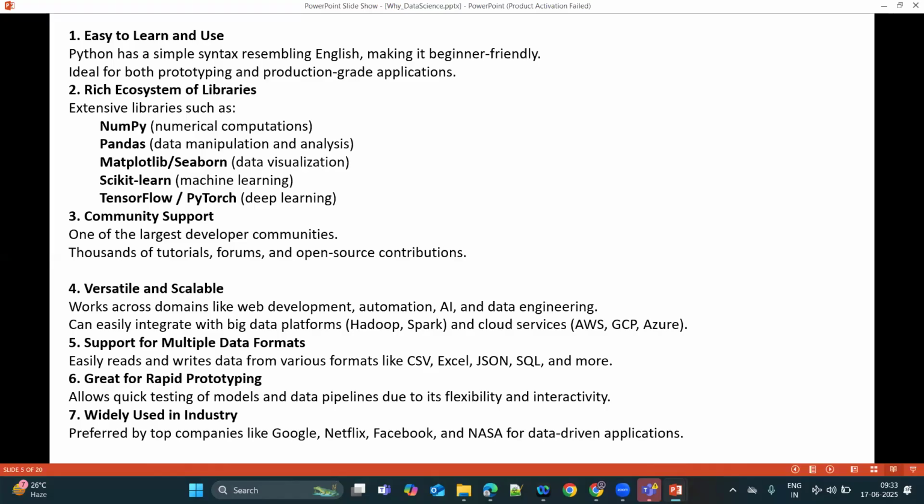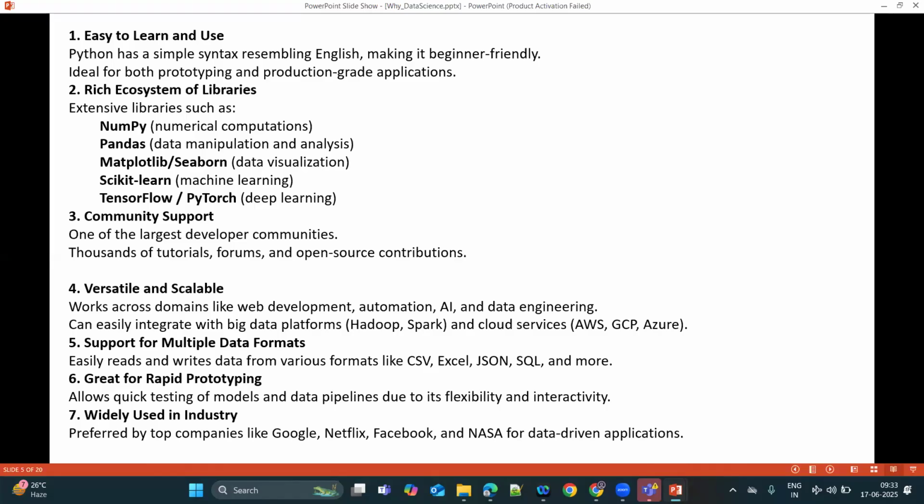A number of people are in the community, giving good resources, code and everything. Stack Overflow is also a very good community for developers. We also have open source contributions, tutorials, forums, etc. Community support is one of the things I want to highlight.